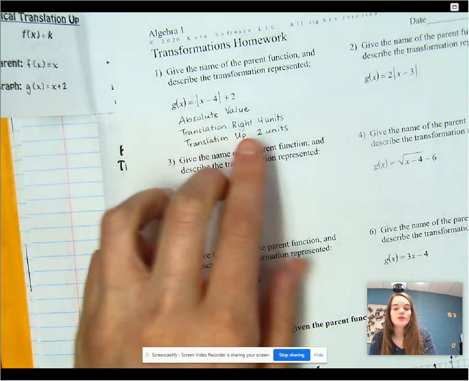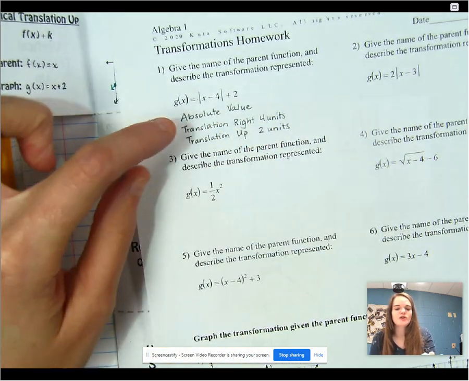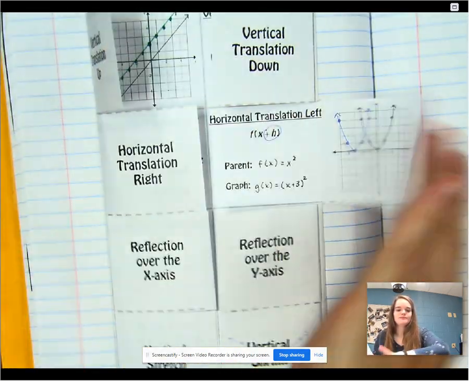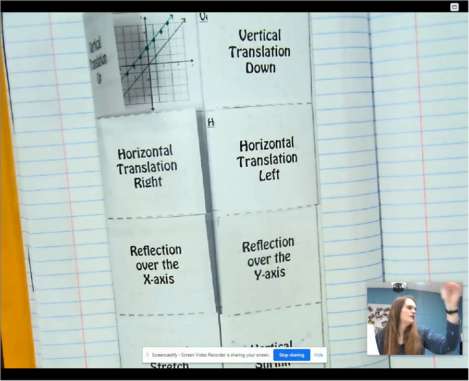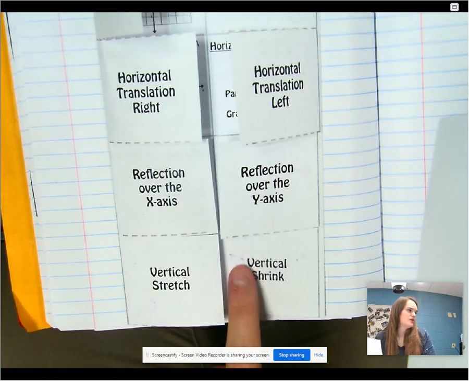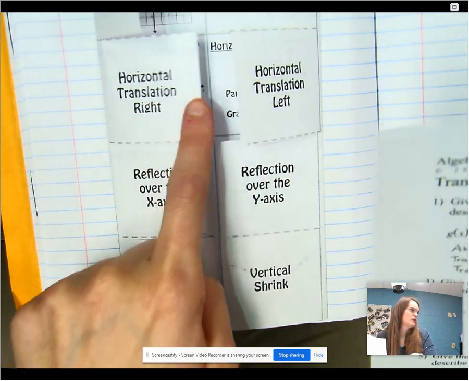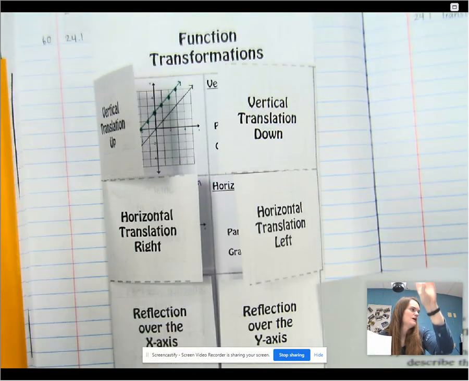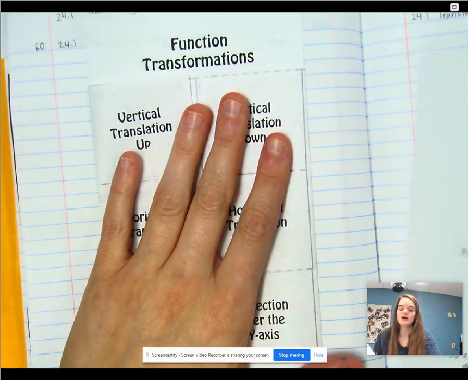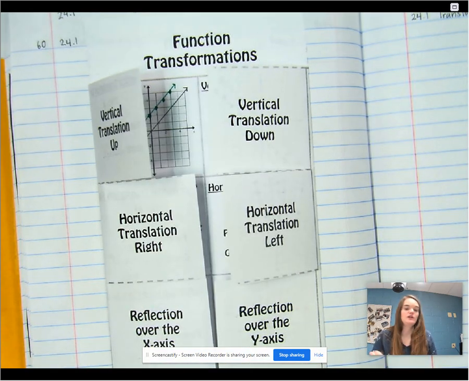You will not put the units on anything except for a translation. On the others, you will just list the answers. All come from here. It's either a vertical stretch, vertical shrink, reflection, translation, all of those, okay? There are your options for the homework. Pay attention to which ones you're doing tonight. We will do the others in the next video, okay?